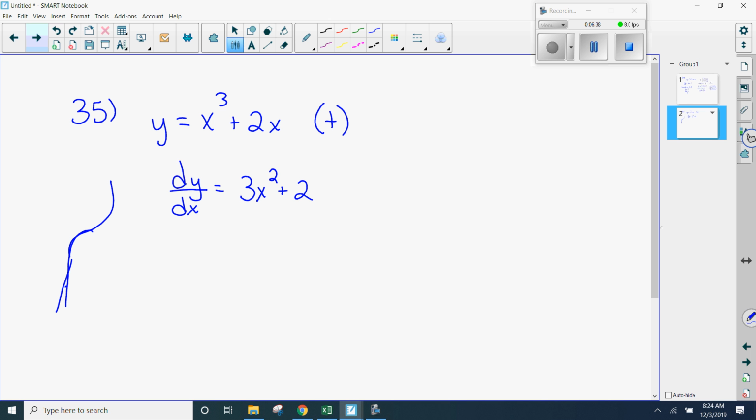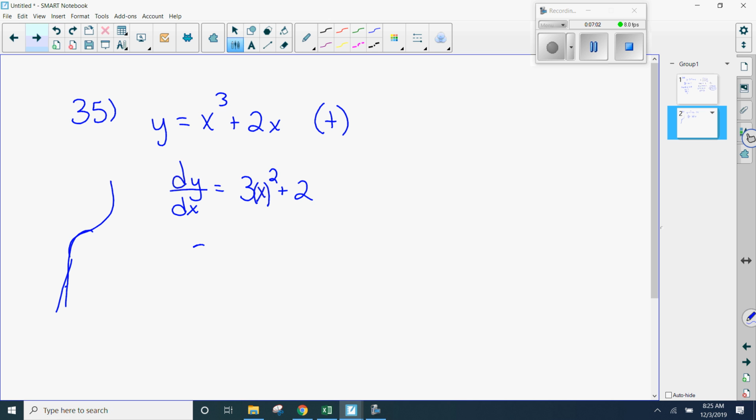What's negative 4 squared? 16. It's still positive, right? So no matter what I let x be, when you square it, you're going to get a positive value, except for 0. But then when you add 2, it makes it positive. But you're getting a positive number times a positive number plus a 2, it's going to remain positive.